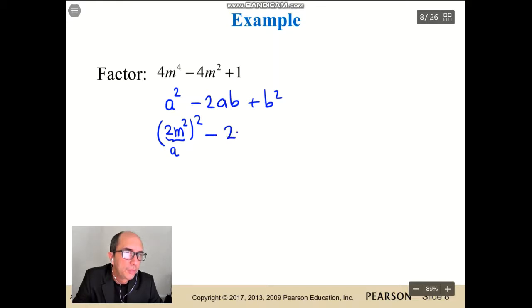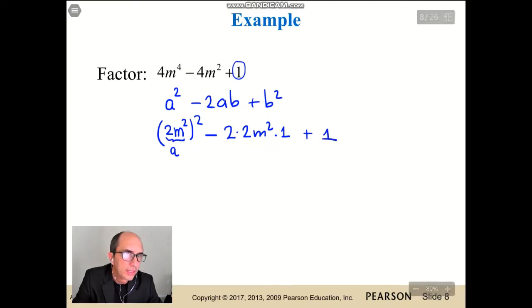Minus 2 times a, 2m squared, times b. And then if this is b squared, b is going to be 1, and b squared is 1.